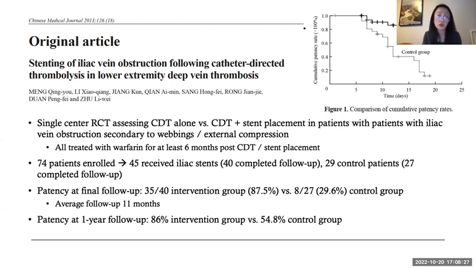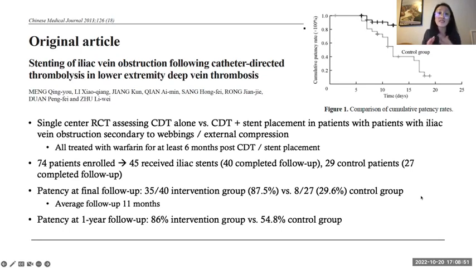They had 74 patients enrolled overall, 45 who received iliac stents and 29 control patients who only received CDT. They did find amongst this population that the patency of the iliac vein was 87.5% in those who received the stent and only 29.6% in those who did not.